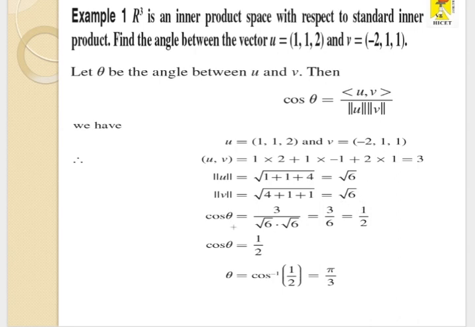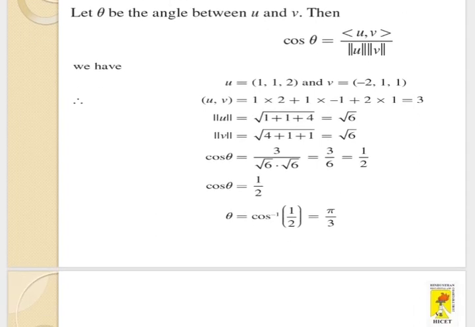Now cos theta is nothing but 3 divided by root 6 into root 6, which is 3 by 6, which is half. So cos theta equal to half, and theta is cos inverse of half, which is nothing but 60 degrees, which is pi by 3.